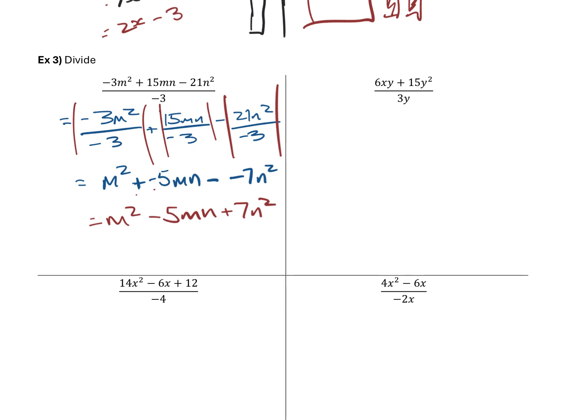You can also consider the terms independently. If you had thought of positive 15mn divided by negative 3, and then a negative 21n squared divided by negative 3, then you would have gotten right to this. Both are acceptable.